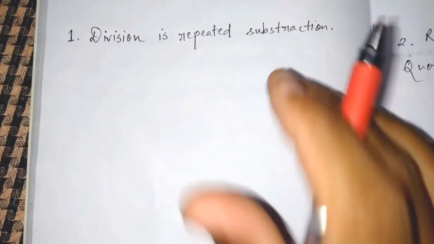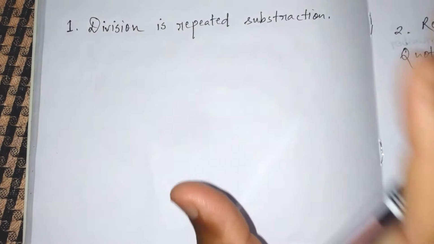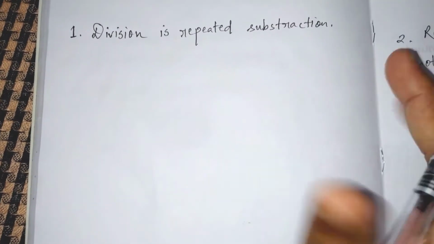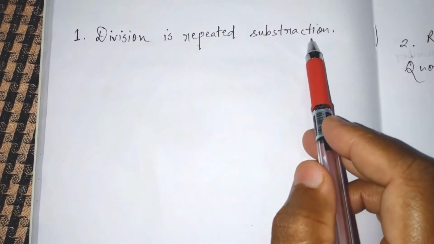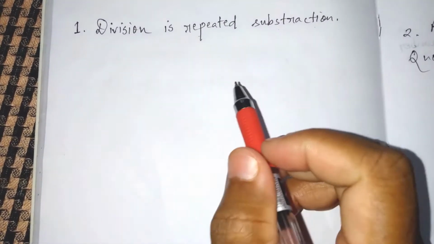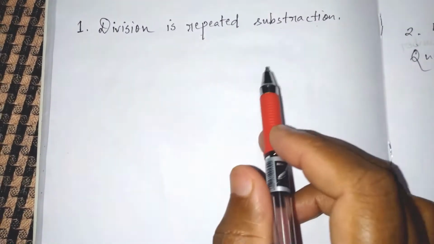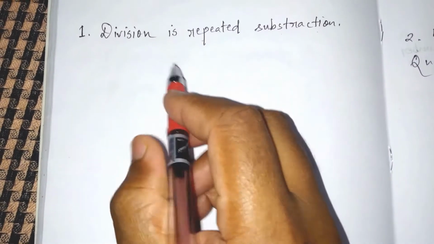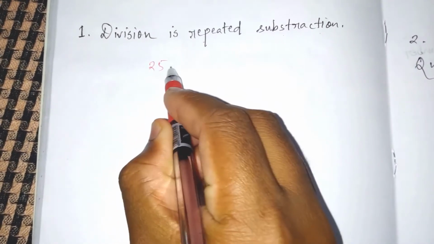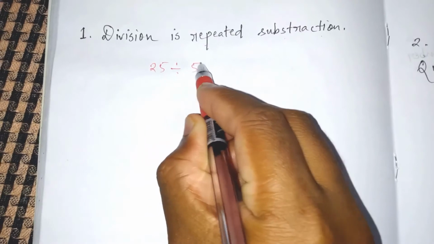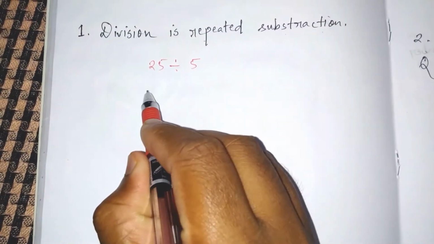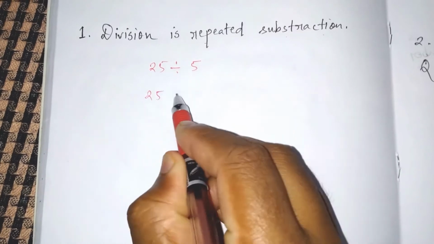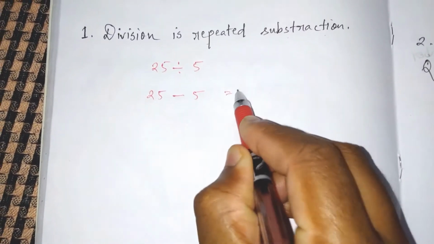Students, let's recall some points about division that we already know. The first point is division is repeated subtraction. Let me explain this with an example. If I say 25 is divided by 5, and I minus 5 from 25, then I will get 20.